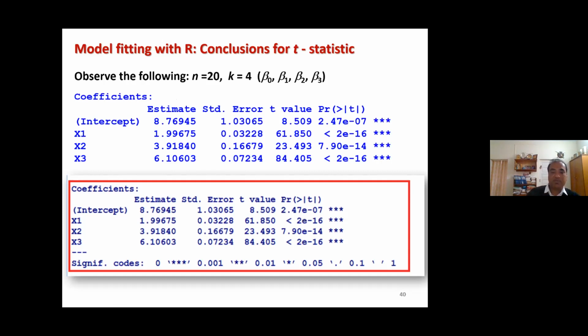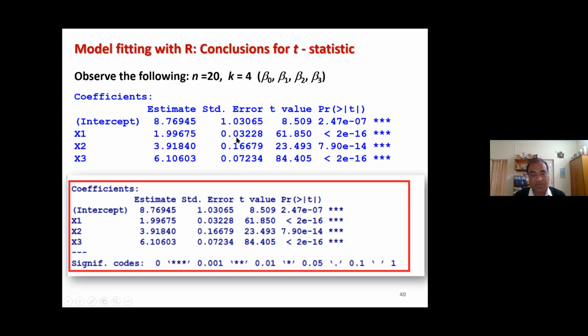Now you come to the third column, that is standard error. If you try to see these four values, these are giving you the standard errors of the estimated values of the four regression coefficients, beta 0, beta 1, beta 2, and beta 3. So 1.03 is the standard error of the intercept term.